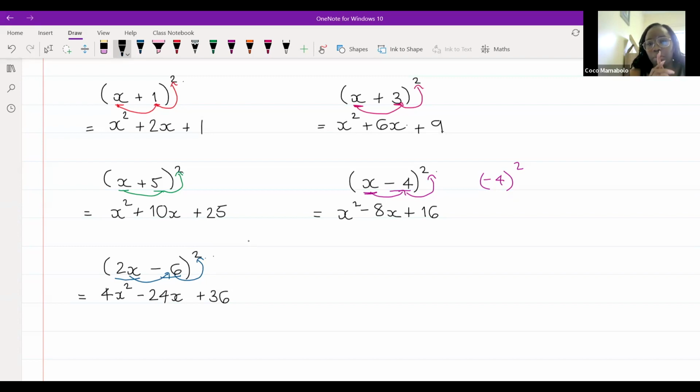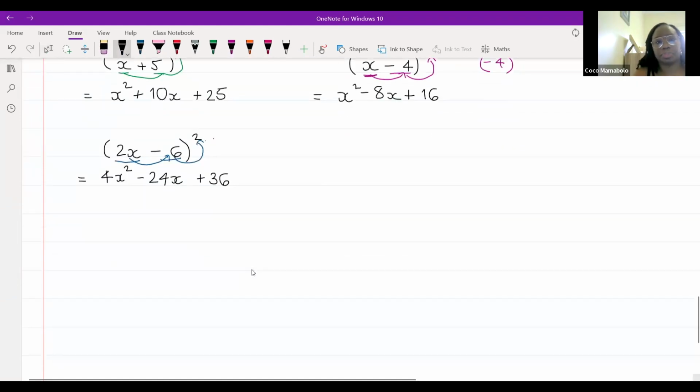We're going to learn one more shortcut today. We are going to learn the shortcut for the difference of two squares.